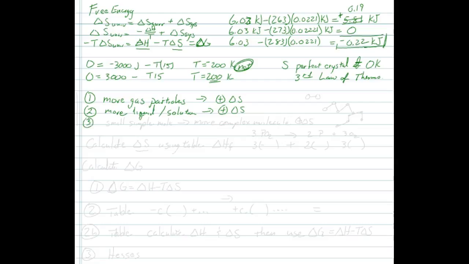If you go from a small, simple molecule to a more complex molecule, then your entropy will increase. Think that if you have a binary molecule, there's only one way it can be arranged.